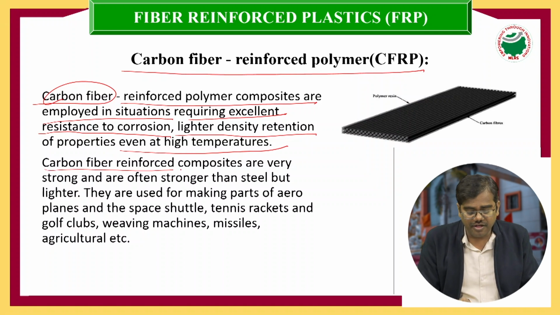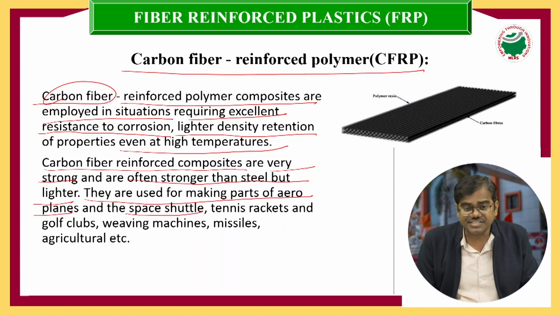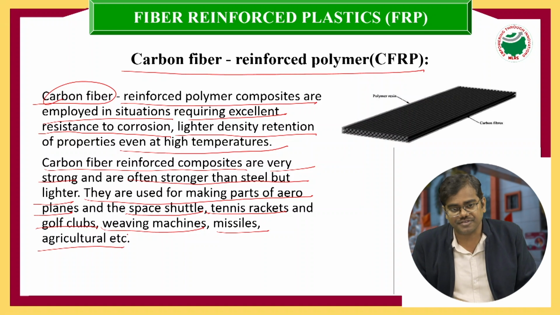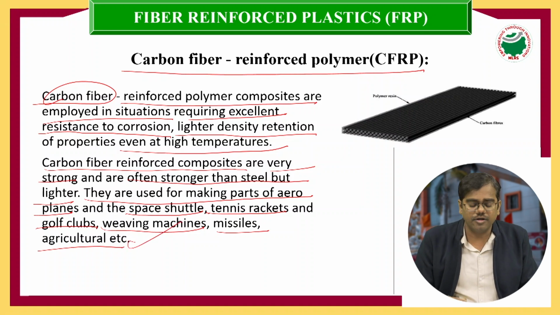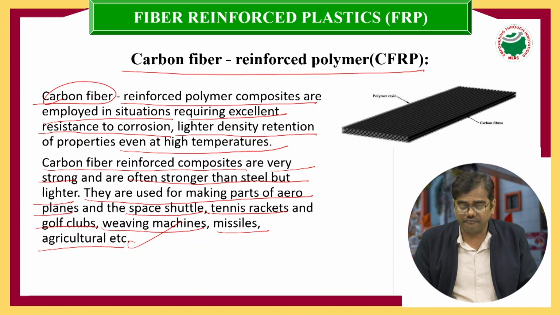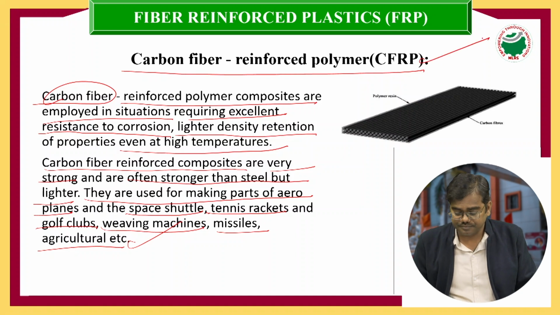Carbon fiber reinforced composites are very strong, often stronger than steel but lighter, and they are used for making parts of aeroplanes and space shuttles, tennis rackets, golf clubs, weaving machines, missiles, and agricultural purposes, etc. These are the important properties of carbon fiber reinforced plastics.